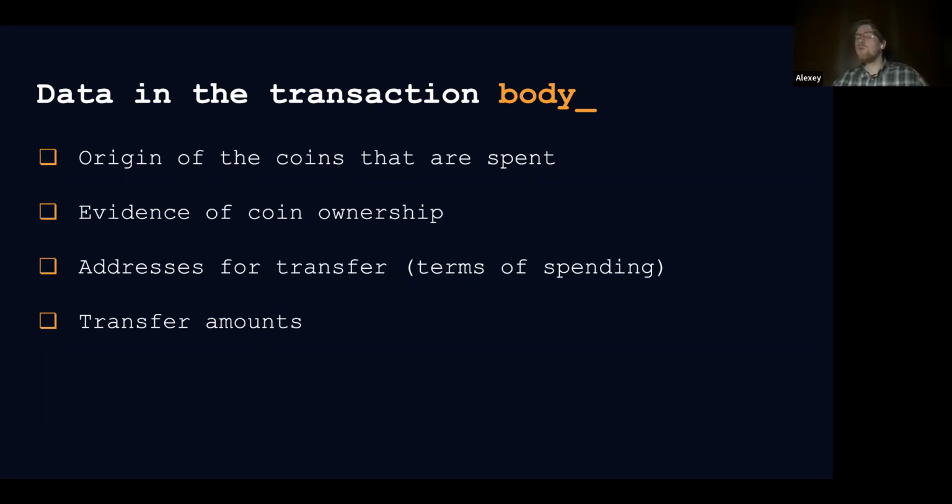So where are we sending these coins, or what needs to happen in order for them to be spent? And Bitcoin has its non-Turing complete language, Bitcoin script, which allows specifying these terms, in addition to simply sending coins to someone. And also, of course, the amount. So how many coins you are sending.